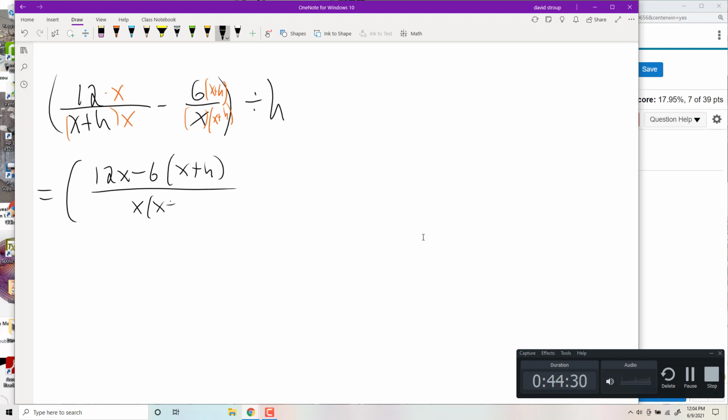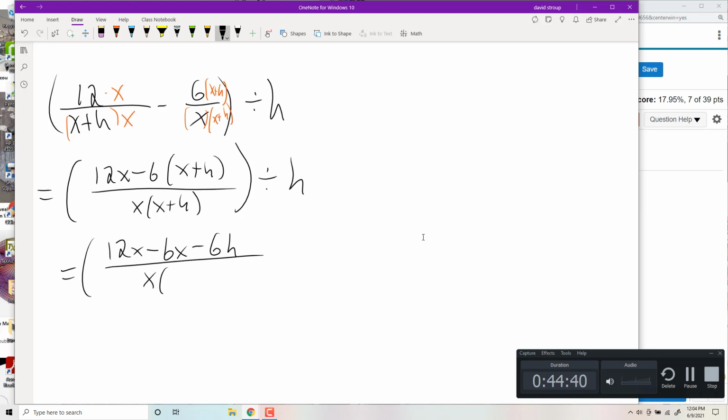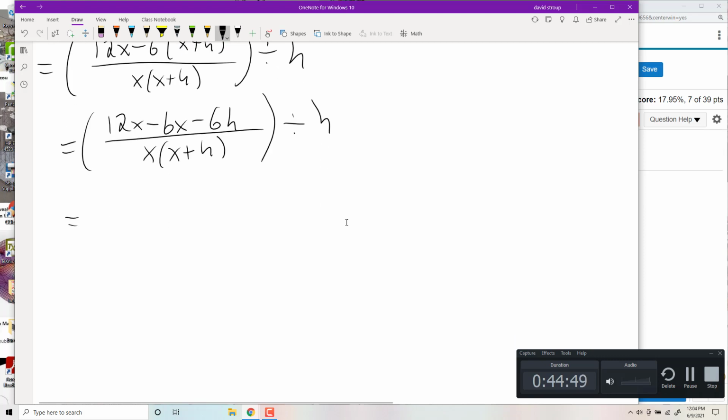x plus h times x divided by h. I'm going to distribute. Negative 6x minus 6h over x times x plus h, divided by h. Combine like terms. So 12x minus 6x is 6x minus 6h.